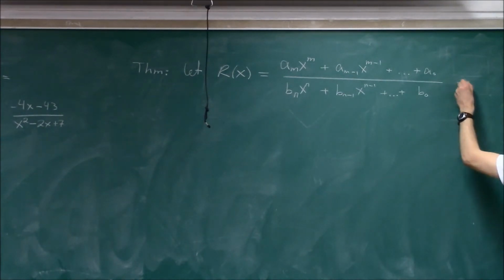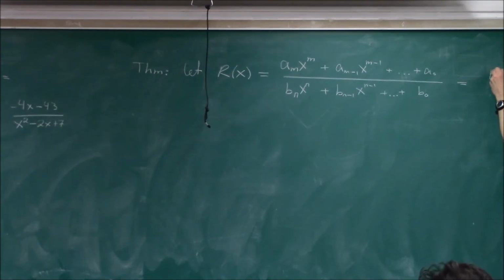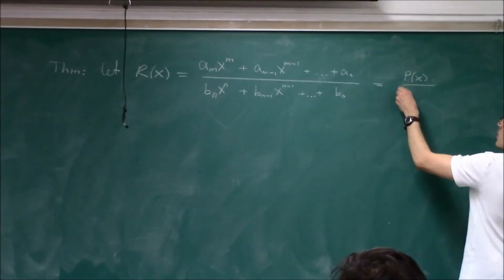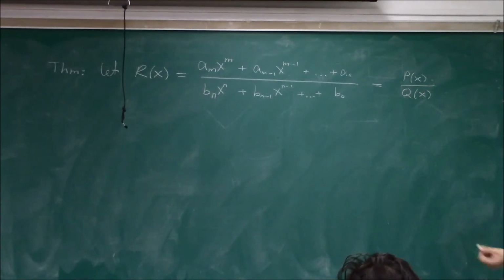So maybe for simplicity I will write it as p of x over q of x, where p and q are two polynomials.